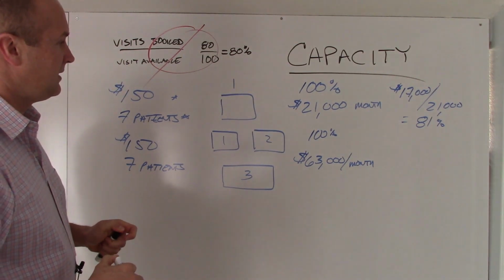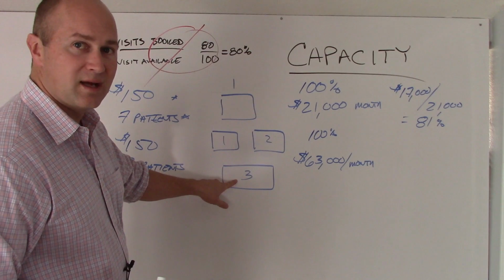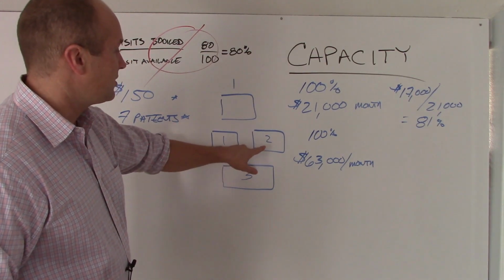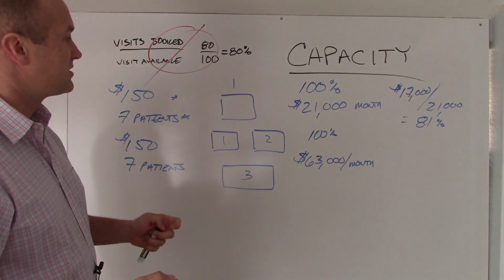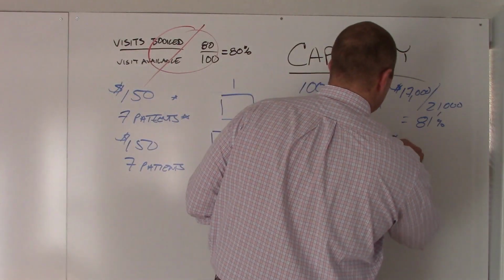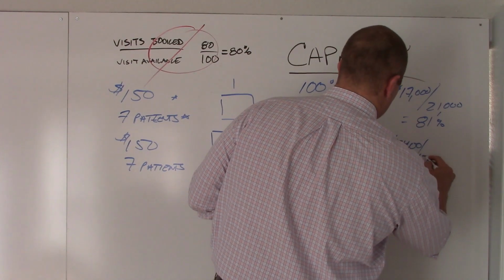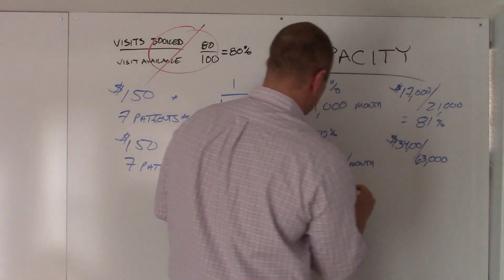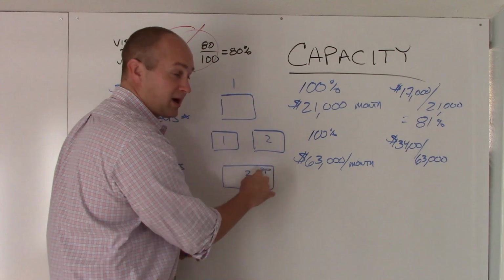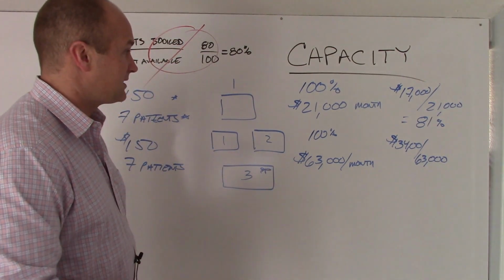I am just expanding into this third space now, filling this up. So if we had $34,000 in sales last month, what capacity is that? Because this room is still empty. This is a problem that I have. I've got to fill this room. I need leads to actually generate this.